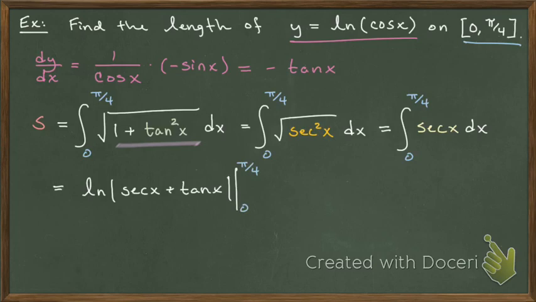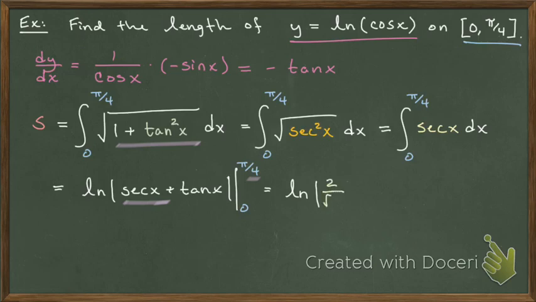Okay? Same as before, fundamental theorem of calculus, evaluate at pi over 4. Secant of pi over 4 is 1 over cosine of pi over 4. Cosine of pi over 4, we remember, is radical 2 over 2. And I want 1 over that, so the fraction is going to flip.